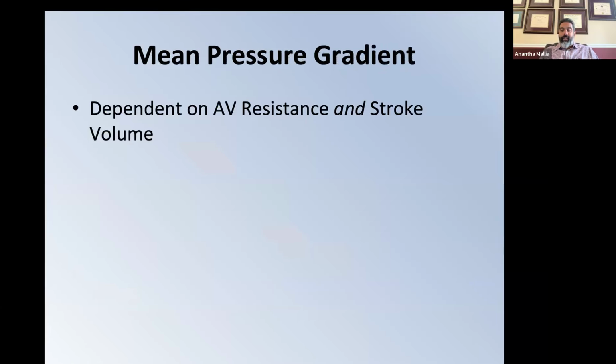So let's talk about that first parameter, mean pressure gradient. As we looked at when we looked at that Ohm's law equation, the pressure gradient is dependent both on the aortic valve resistance, or in other words, the severity of the aortic stenosis, as well as the stroke volume that's being pushed across the aortic valve.